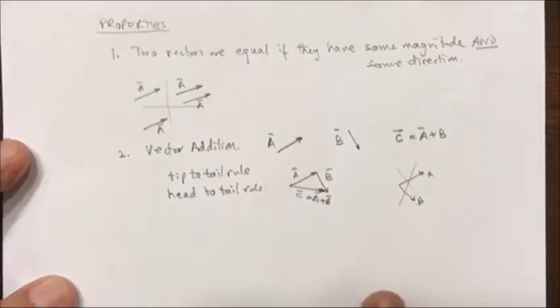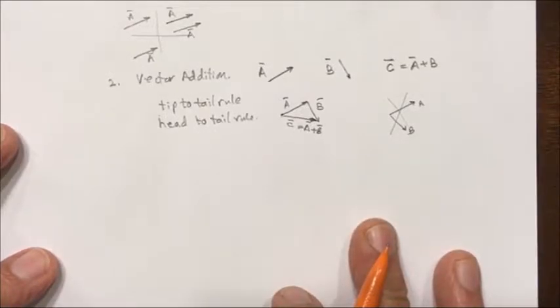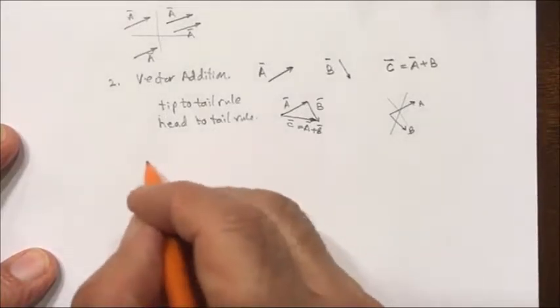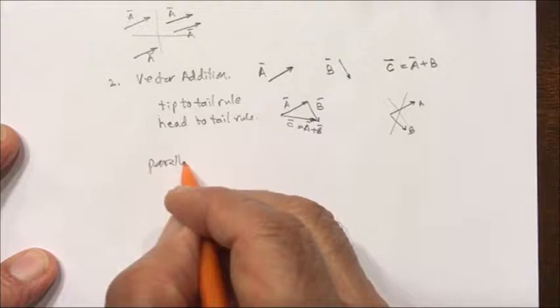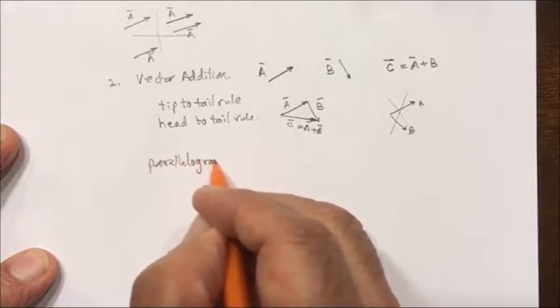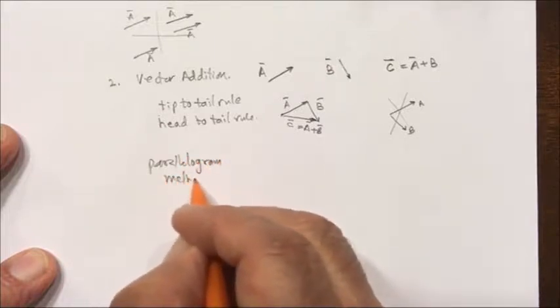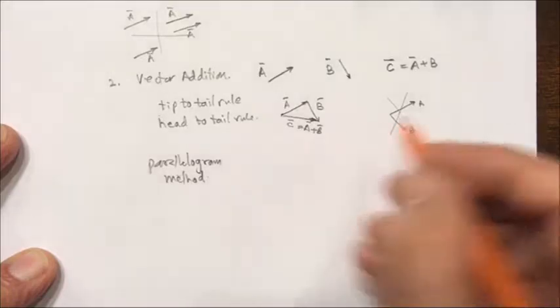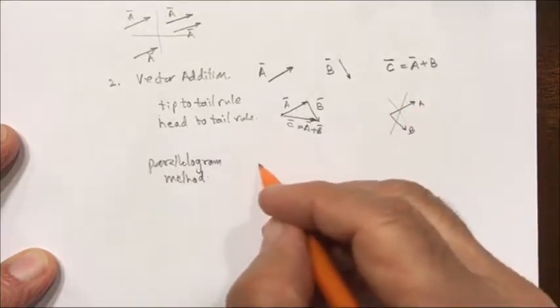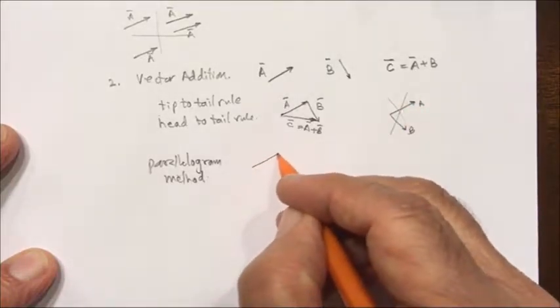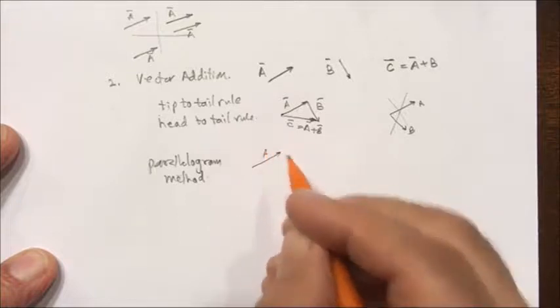Another way is what we call the parallelogram way, in which we make a parallelogram. So it's somewhat like that. We make the vector A, same length and direction as before.